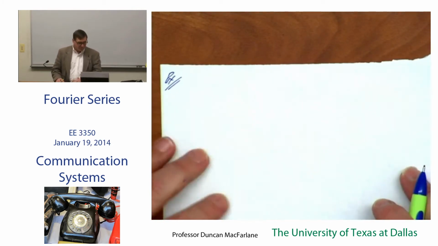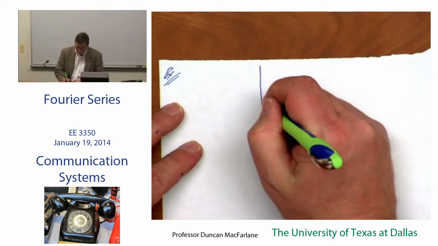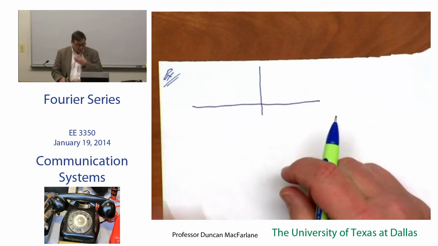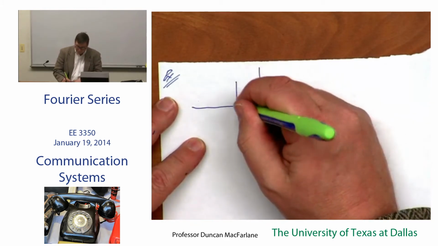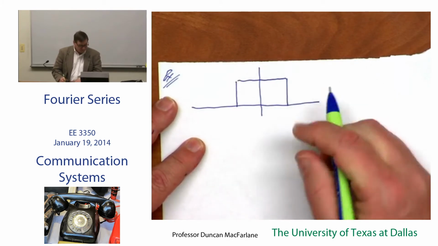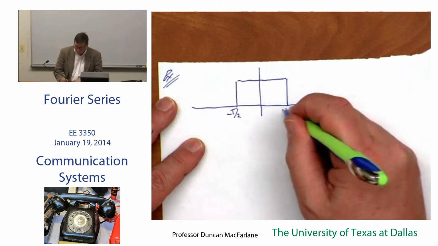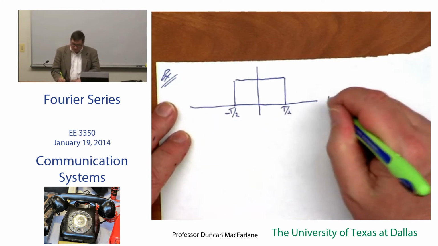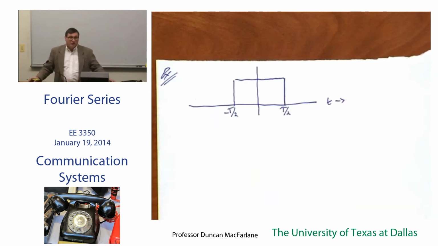Example. For a multiplicity of reasons, one of which is that this is an important function, and we care about the actual answer as we go on in many of our discussions to come, I'm going to do the exact same pulse as I did before.